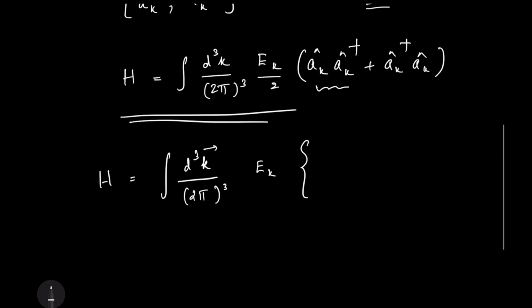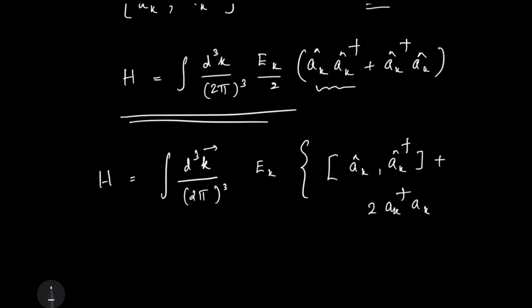Instead of a_k a_k† I can replace it with the commutator of a_k and a_k† plus 2 a_k† a_k, right?